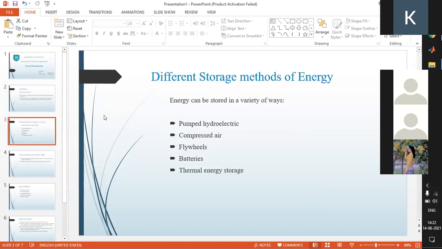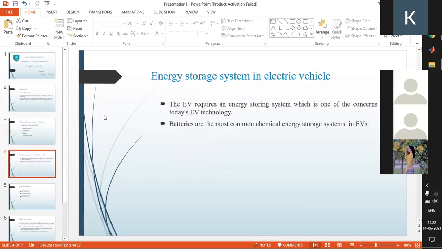There are different storage methods: hydroelectric, compressed air, flywheel, battery, and thermal energy storage. For electric vehicles, a battery is the best method to store energy.